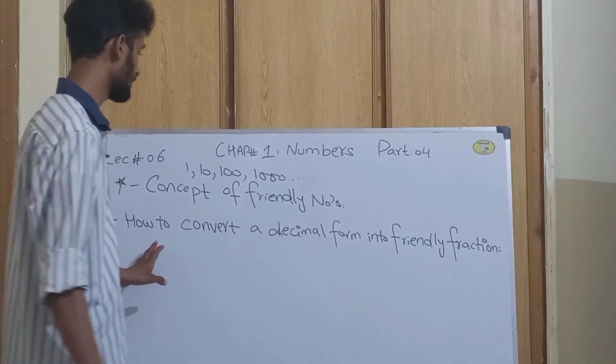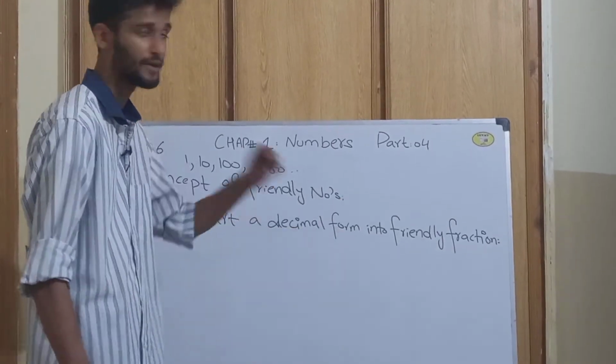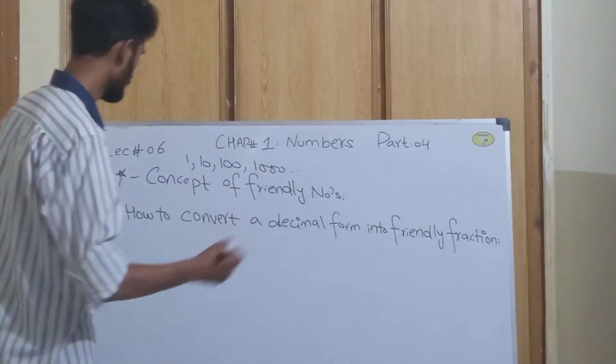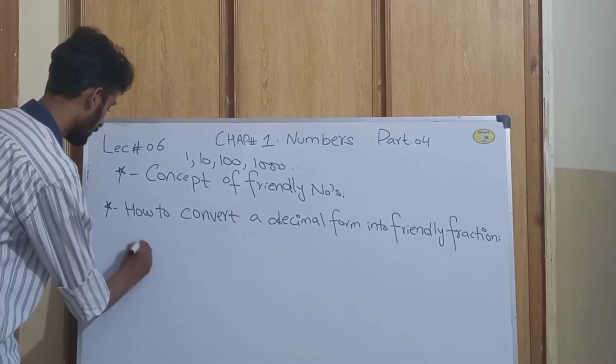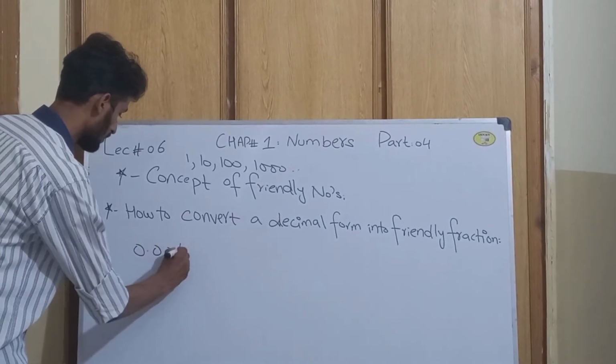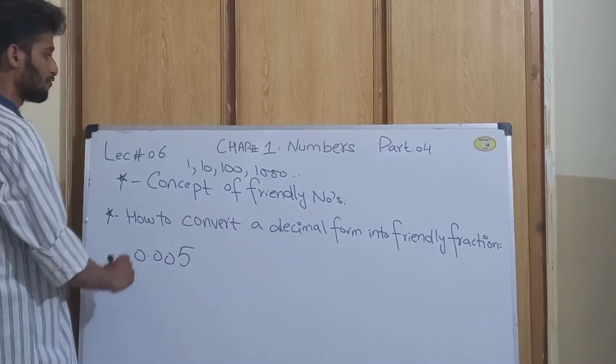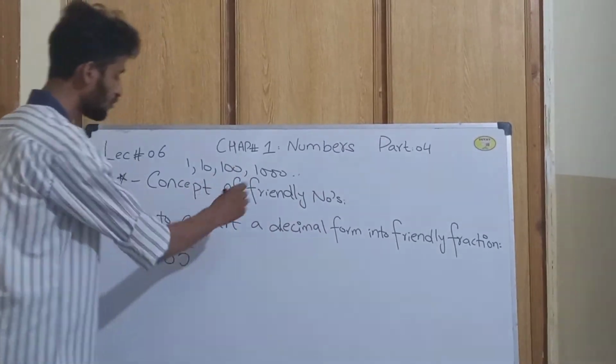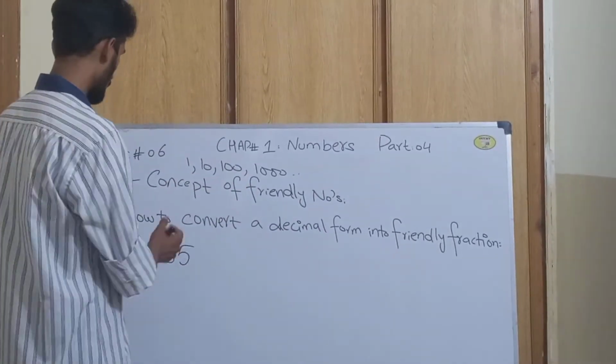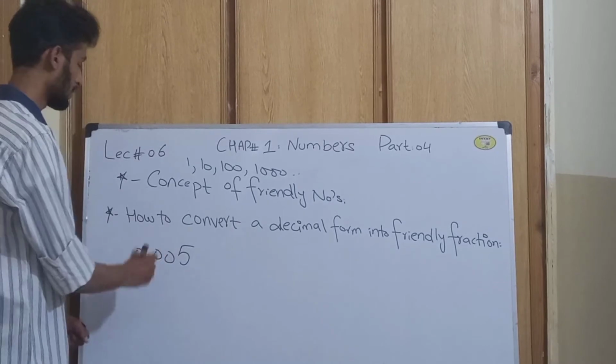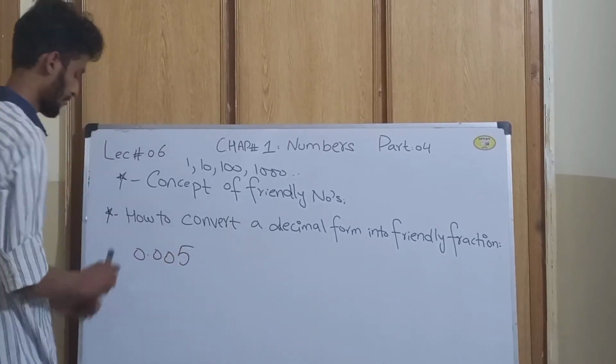We will understand how to convert a decimal form into friendly fraction. For example, we have a number 0.005. We have to write it in friendly fraction. We have to include friendly numbers in it. How to convert this number into friendly fraction?